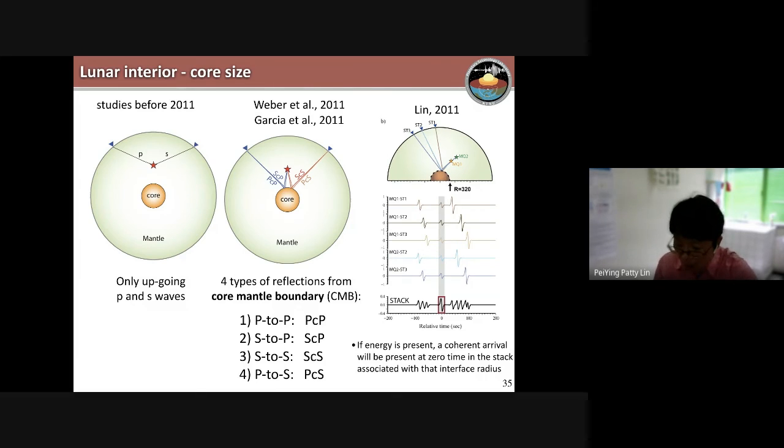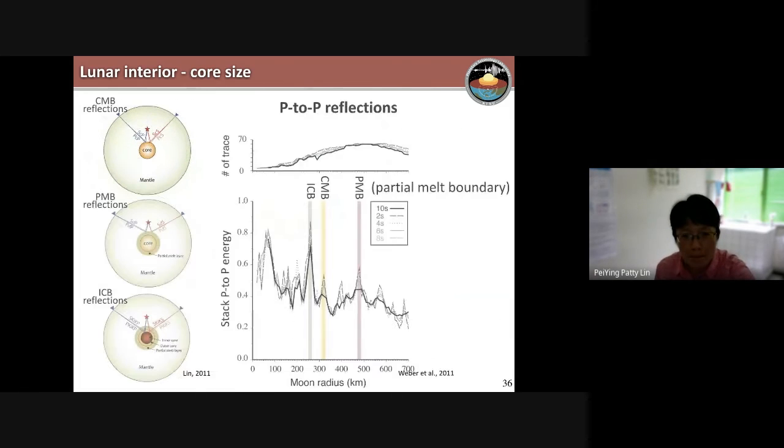It means that we stack all the Apollo moonquakes. If we get the right core radius, we should see coherent signals show up. And this is the way we find the reflection energy from the core.